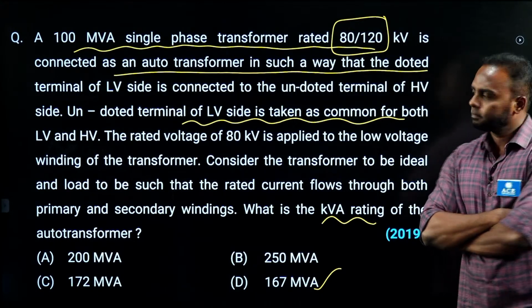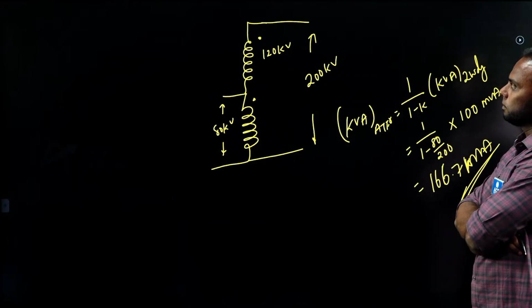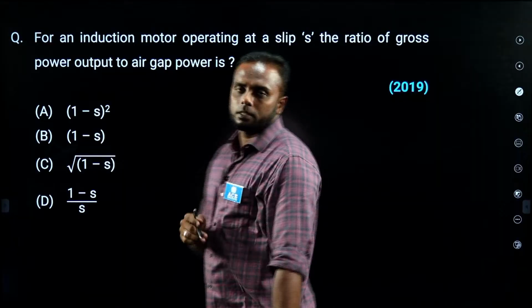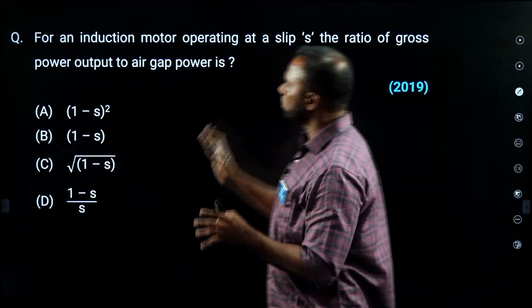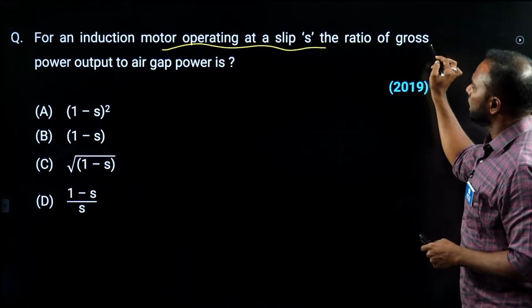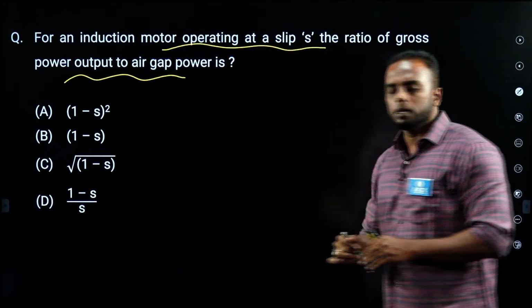Okay, next. Now this is one of the important relations in induction motor. Regularly we have questions here. An induction motor operating at a slip of S, the ratio of gross power output to air gap power is dash.